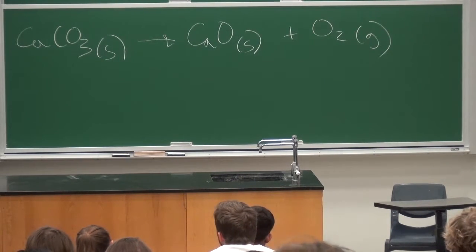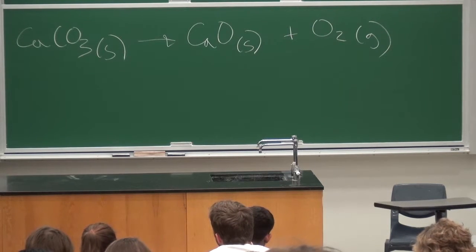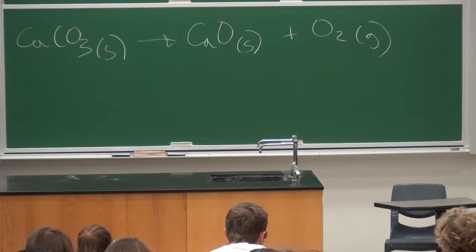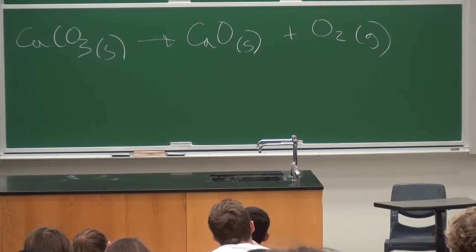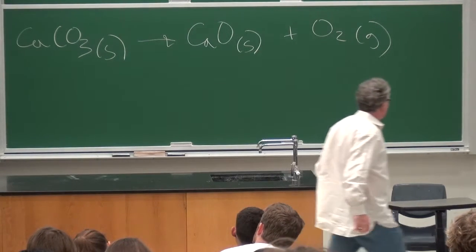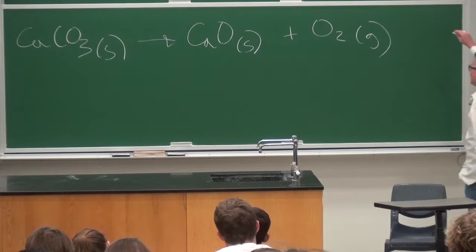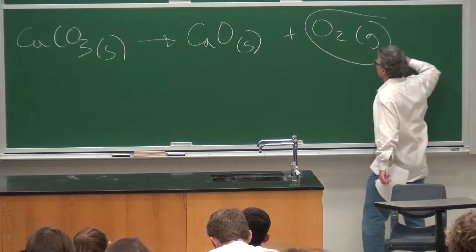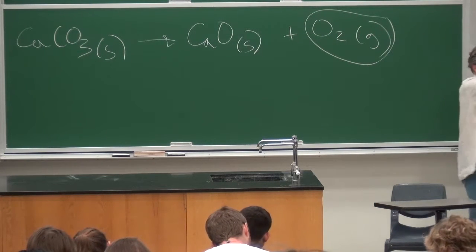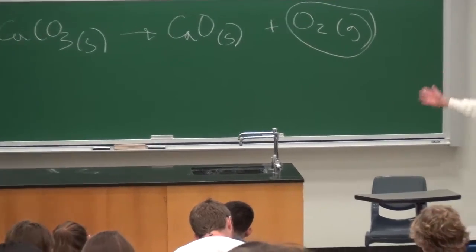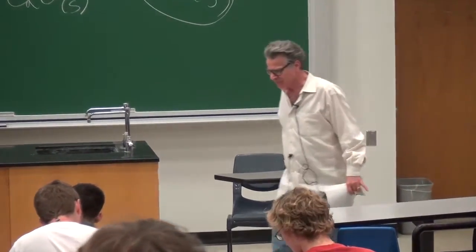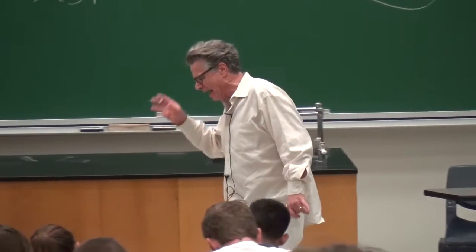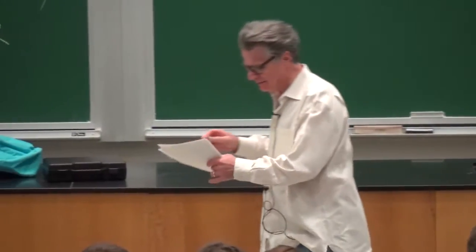This is the first example of that kind of thing. And you would predict this has a positive delta S. Why? Because it releases a gas out into the universe, and that gas is free to randomly walk wherever it wants to go. And that makes for a positive delta S.